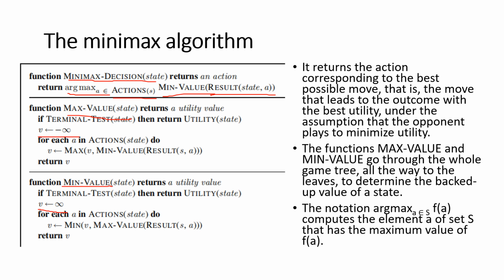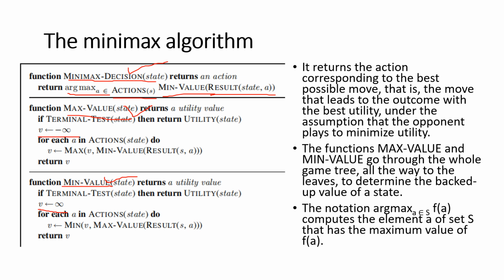So the min_decision method calls the min_value function, and min_value function will call the max_value function, and then the max_value function will call the min_value function until a terminal state is reached. Then values are returned and propagated upwards, and the final decision is made at the root.